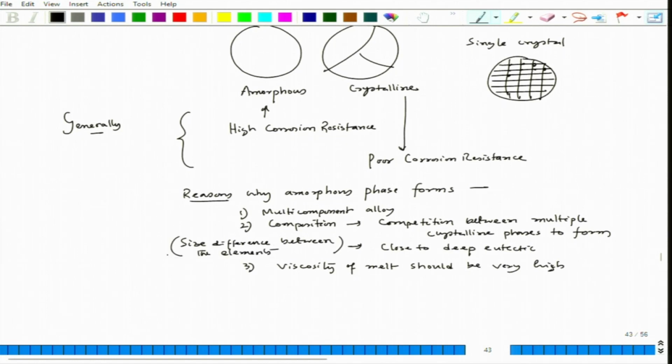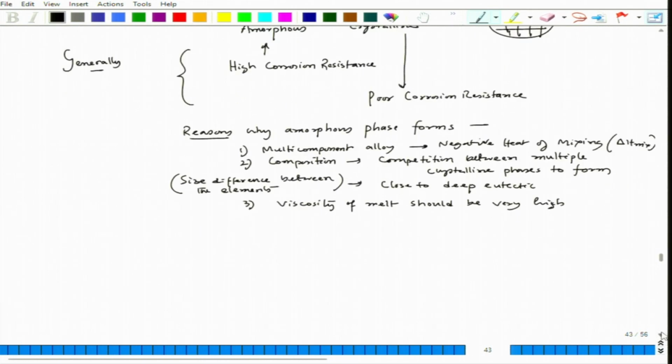So the size difference would matter, and at the same time there should be a negative heat of mixing, we call it delta H mix. When we have those kinds of situations, amorphous phase forms.